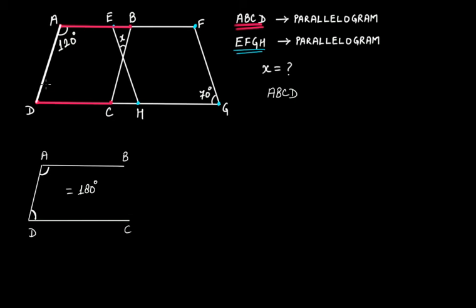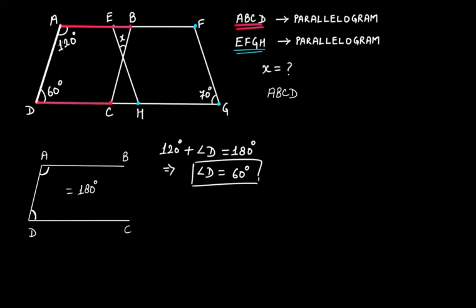So from this property of the interior angles on the same side of the transversal, angle A is 120 degrees, and if we assume that this is angle D, then 120 degrees plus angle D has to be equal to 180 degrees. From here you get angle D is equal to 60 degrees.